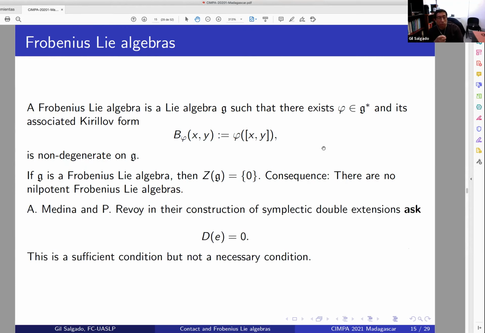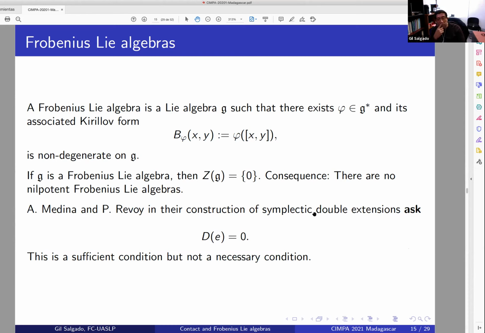If you read the work of Medina and Revoy, they ask this condition in the symplectic case between the derivation and the central element. Then they are asking that the central element is central in the double extension.